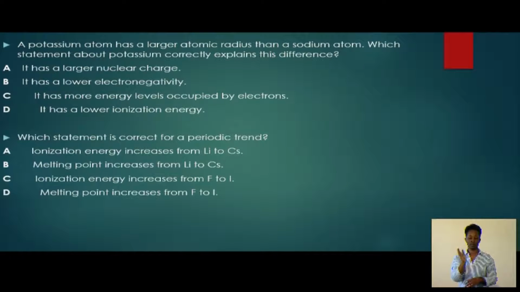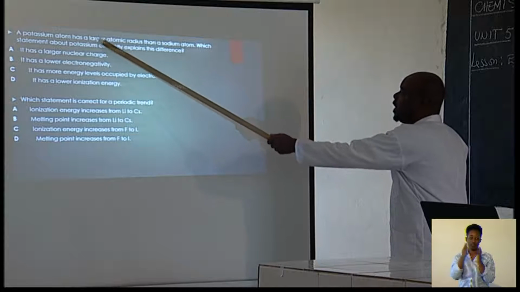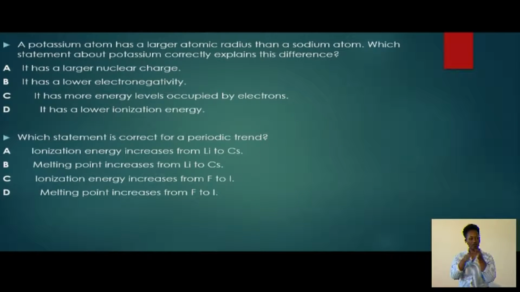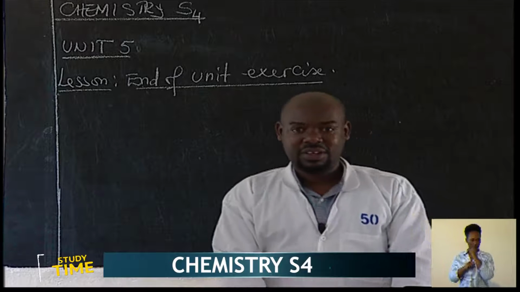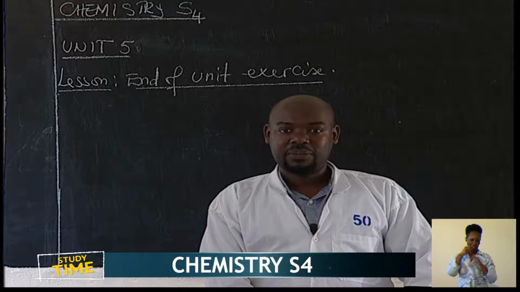The statements you are suggesting here are to explain why a potassium atom has a larger atomic radius than a sodium atom. So which statement will explain better that difference? Think about it, and you write down the answer.